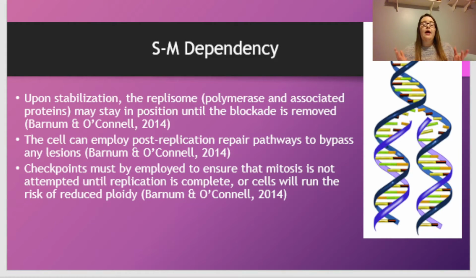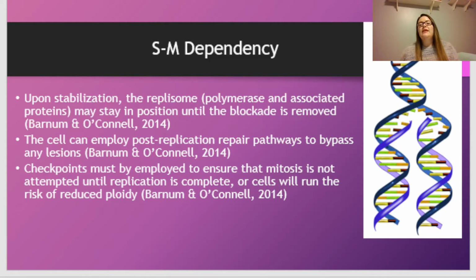The other factor is S-phase dependency. Upon stabilization, the replisome, which is the polymerase and associated proteins, may stay in position until a blockade is removed. Something might be wrong with the cell in regards to DNA being synthesized at the S phase or at the mitosis phase where that cell is dividing.